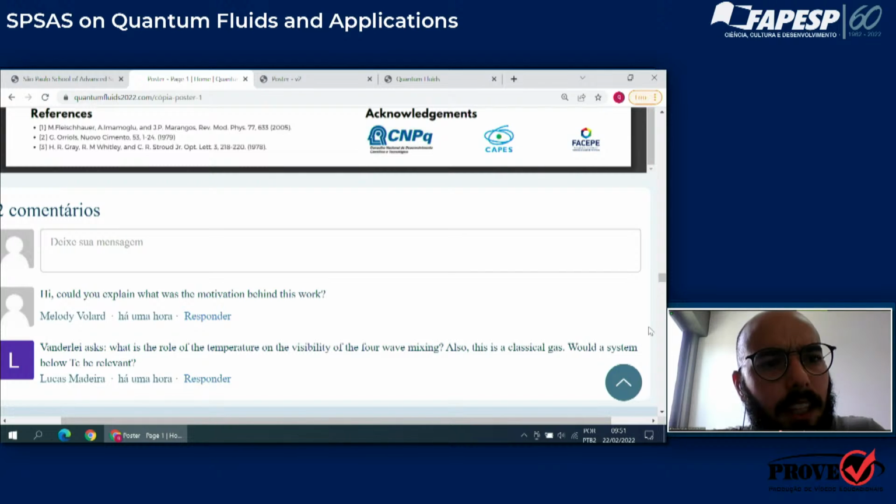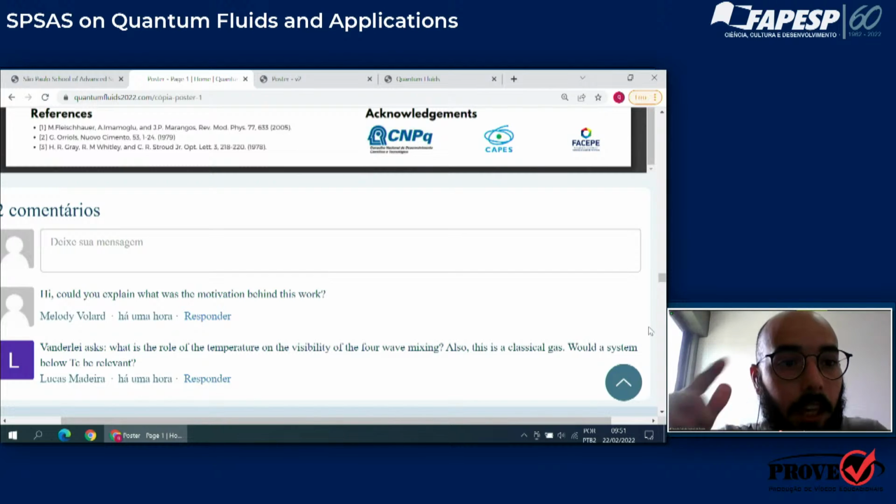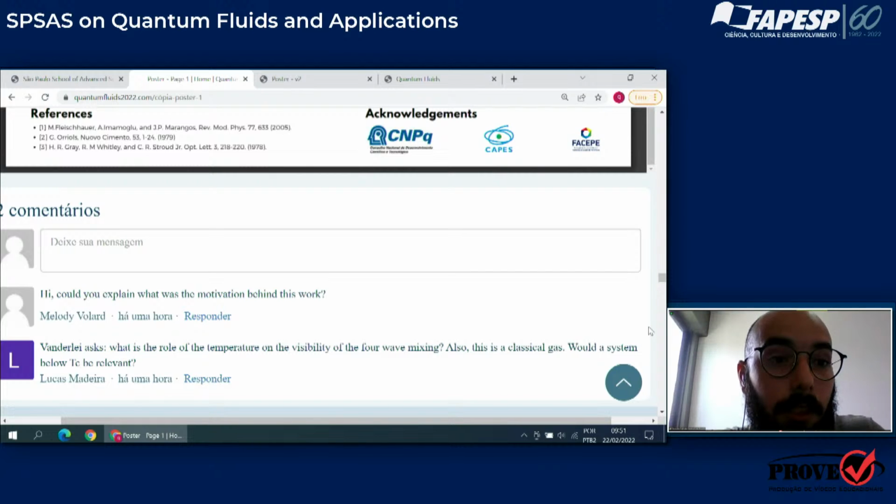For the CPT, I don't really know what would happen for the four-wave mixing signal, but for our main goal of studying the correlations, we would get interesting results using a BEC, because you would have interaction between the atoms. So that probably would change the correlations between these two signals. Maybe it wouldn't be so classical anymore.